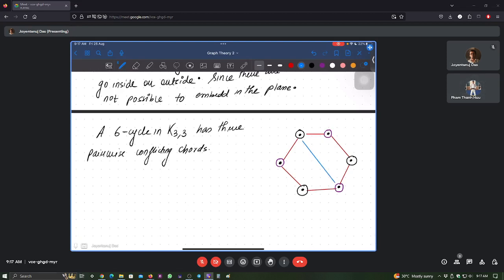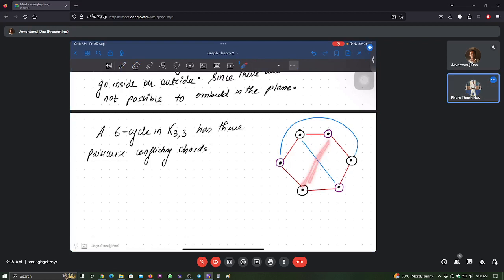Now I have to join this chord, but I cannot join it from inside, so I have to go from outside. So this is fine. One more is left, I have to join this one, but neither can I go inside nor outside. That's why it is conflicting. So these are the three pairs of conflicting chords.